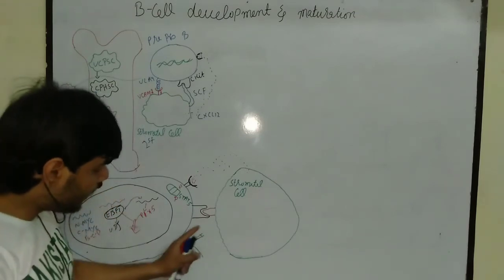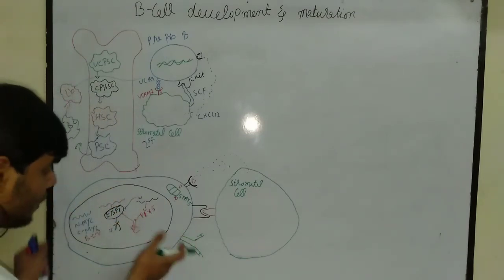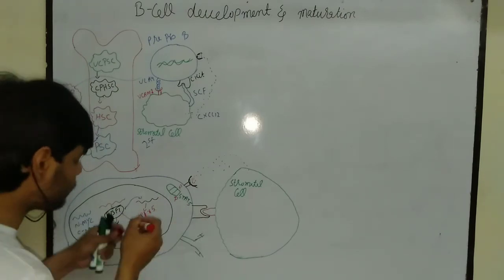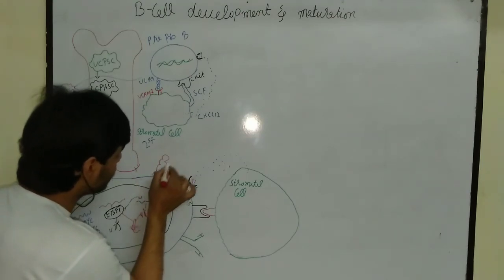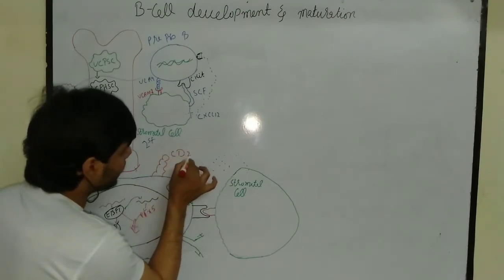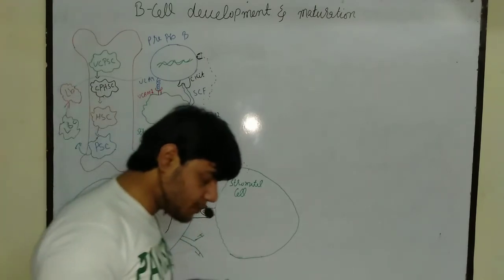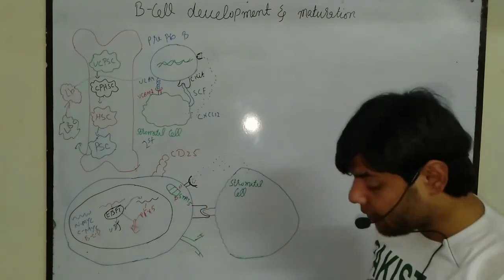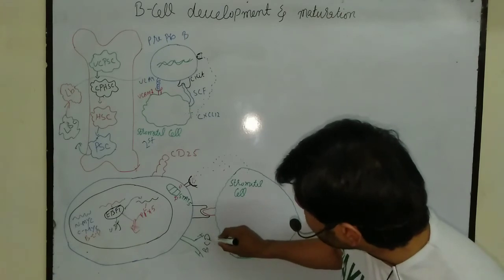At that stage, we also get another receptor molecule, which we call CD25. So due to these types of transcription and translation, we get CD25 and the B cell receptor, which is nothing but a kind of antibody.